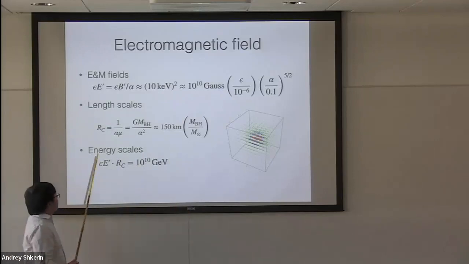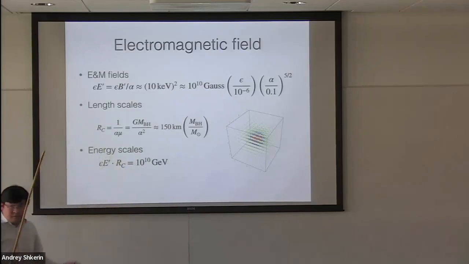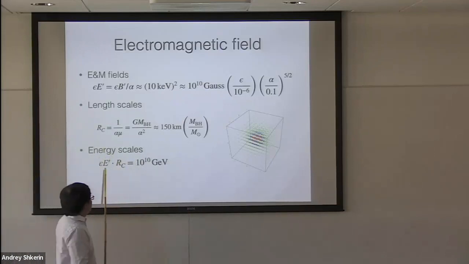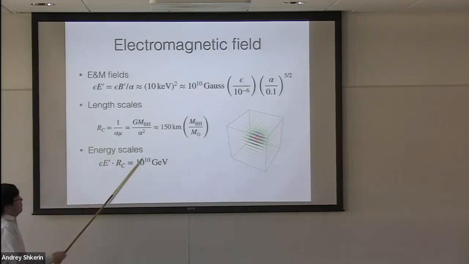The energy scale in the problem, which is of interest to people more familiar with particle physics units, is basically the electric field strength times the cloud size. And for the chosen parameters this can go up to 10 to the 10 GeV. So this is probably the most energetic particle accelerator somewhere in the universe.